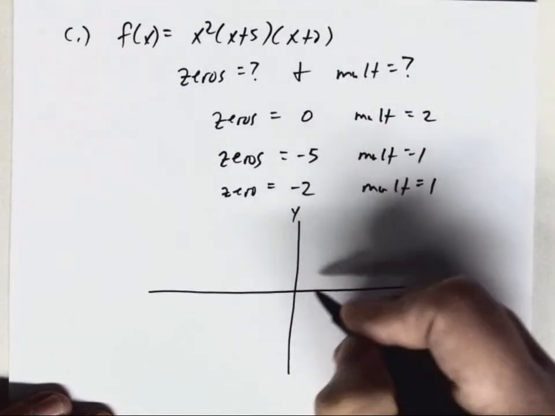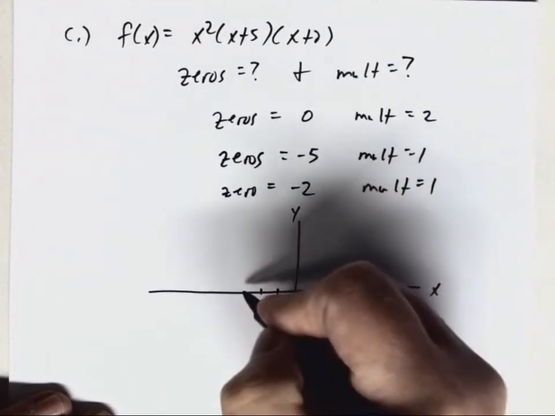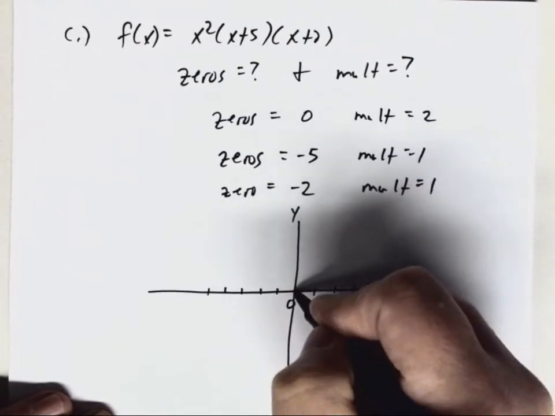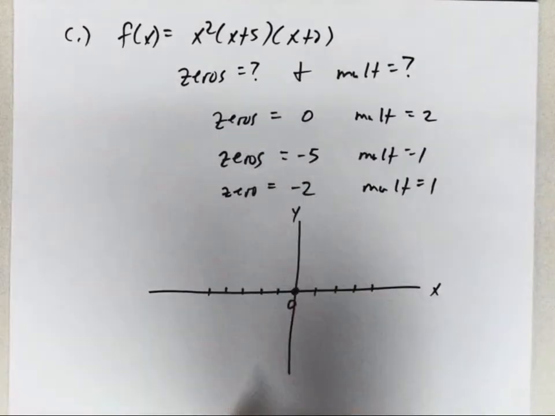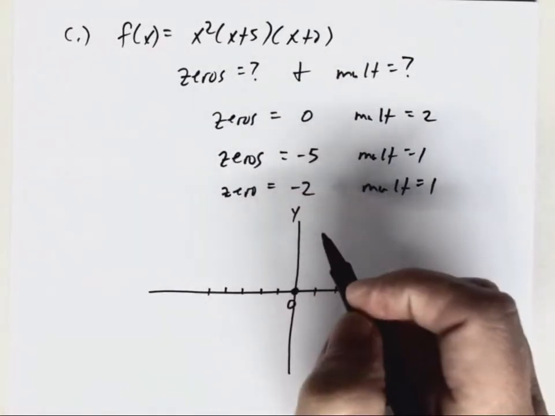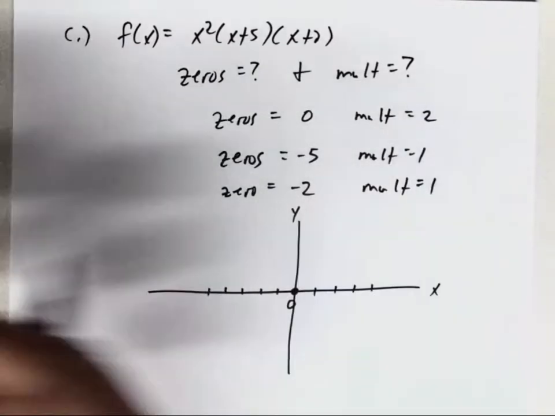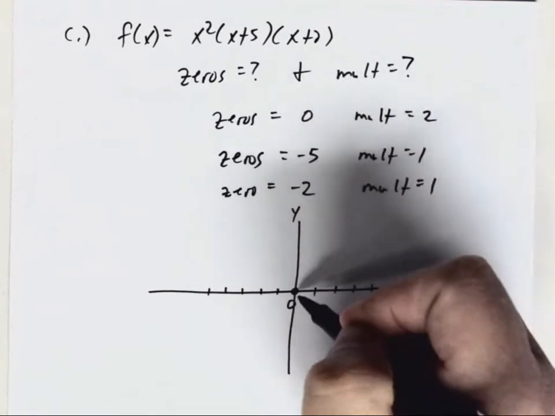So I know here's 0. I know my graph is going to go through that point right there. The zero at 0 is like an x-intercept of 0.